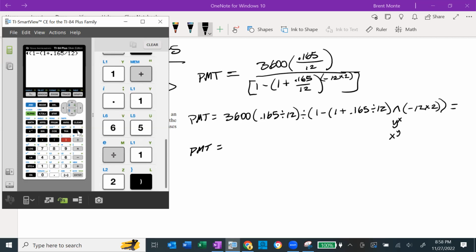Again, here's my exponent key. It puts it up in the exponent, but I'm still going to use parentheses.